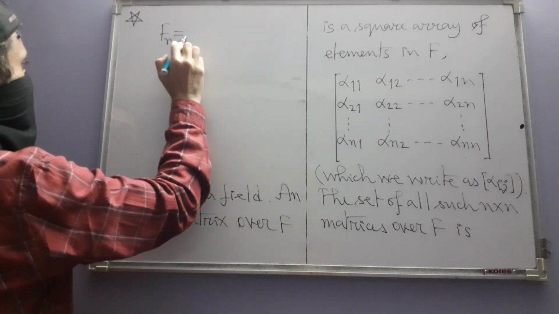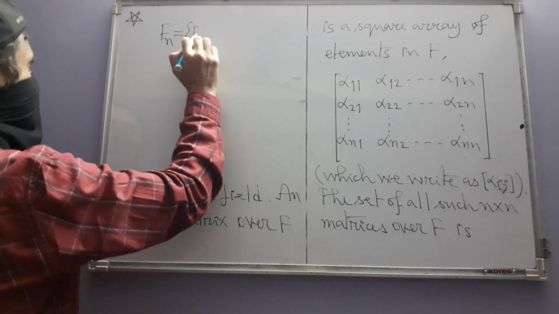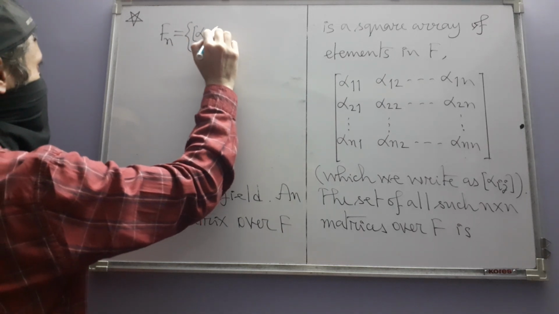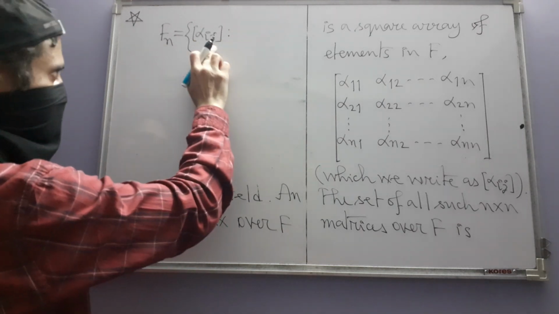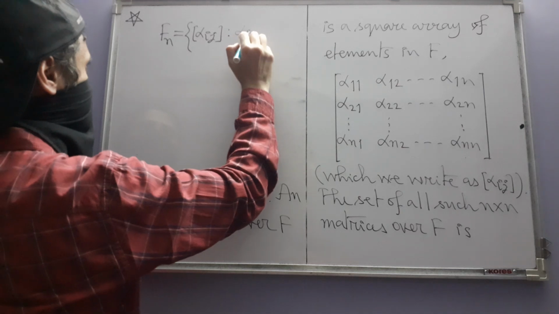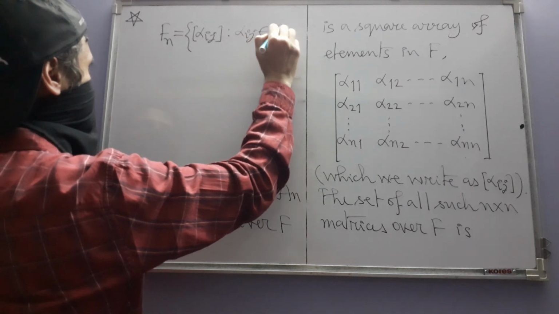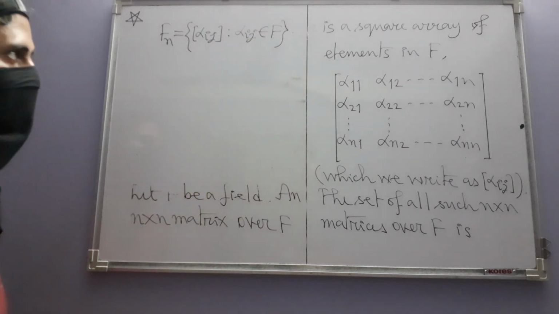Like this, and its elements are the n by n matrices, all of whose entries come from F.